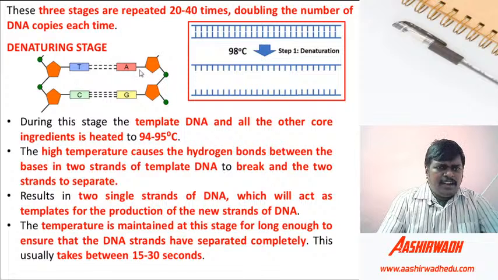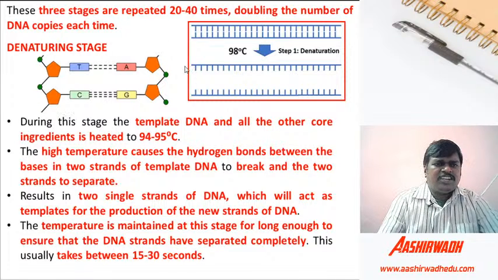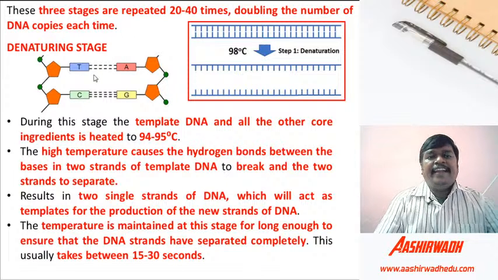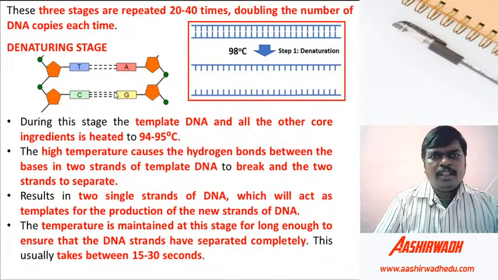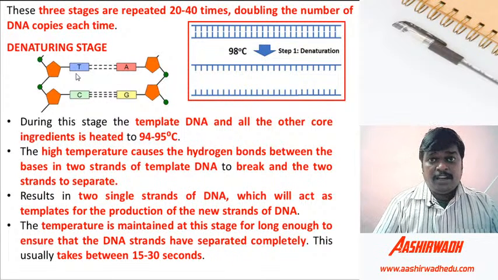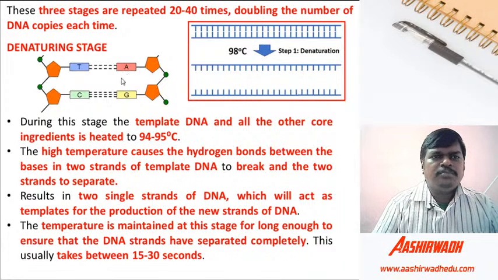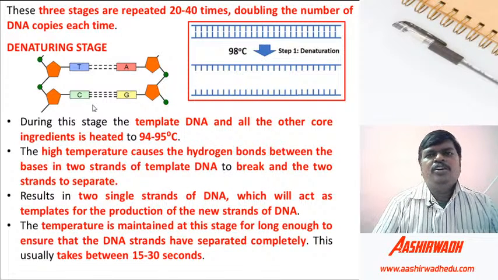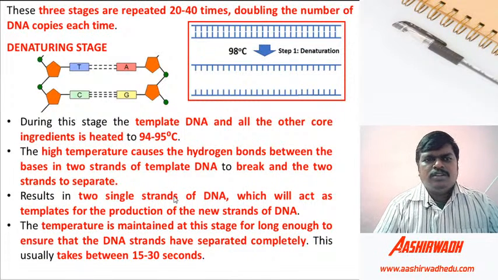You can see the typical structure of DNA, with the phosphate, the sugar molecule, and the nitrogenous bases. These nitrogenous bases are held together by hydrogen bonds. Adenine always pairs with thymine with a double hydrogen bond, and guanine pairs with cytosine with triple hydrogen bonds.